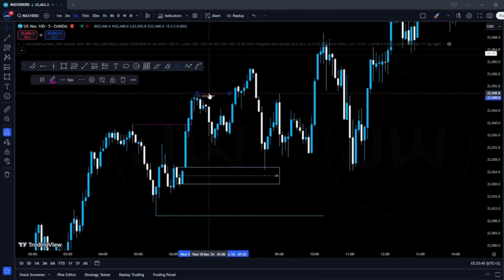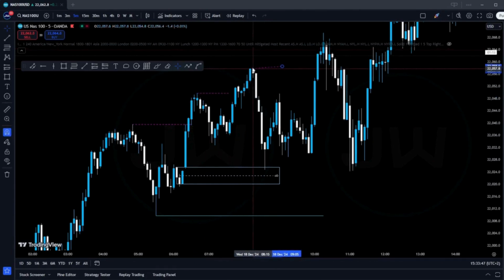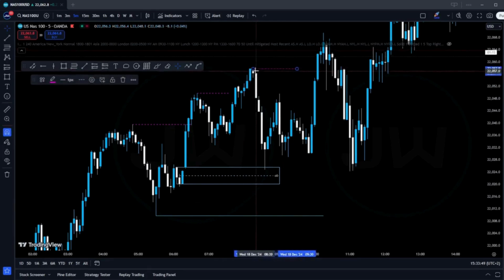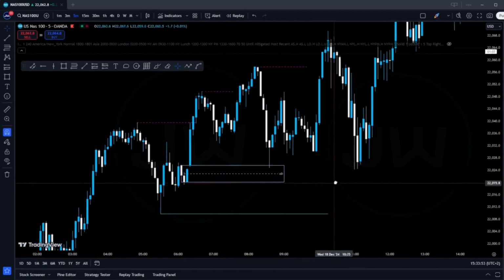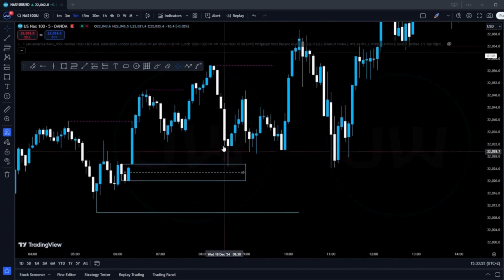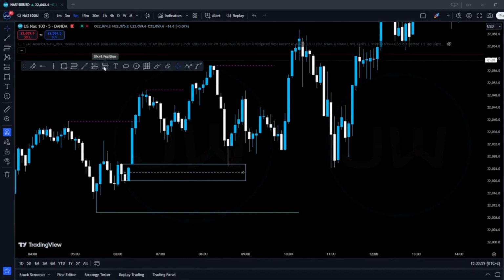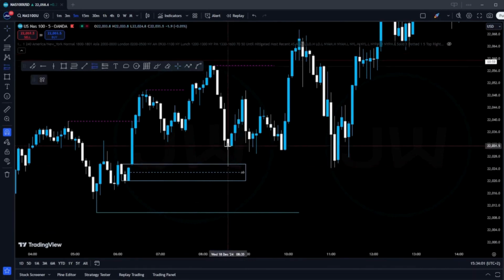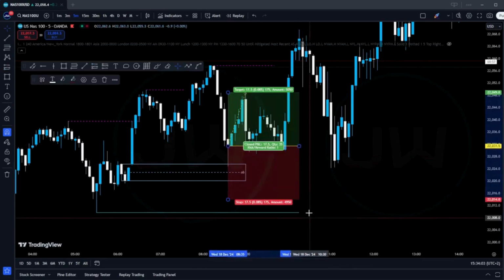We made some more swing highs. Then price comes down and retraces into that order block. We see some rejection and reaction, and that's when we enter, after we see some sort of reaction.